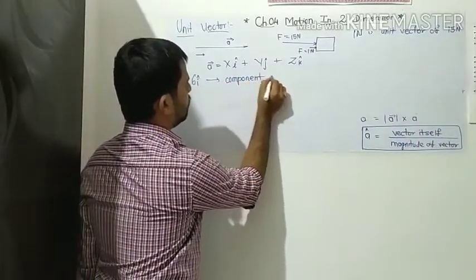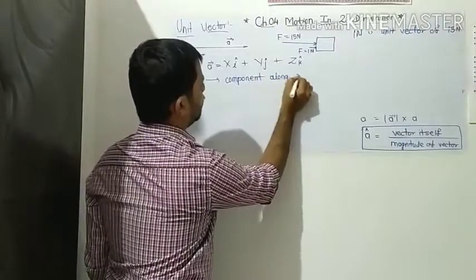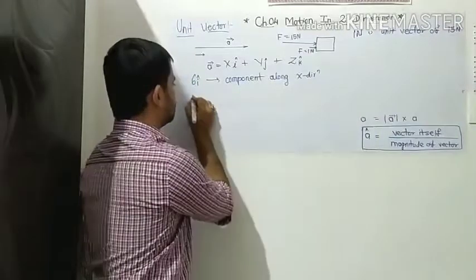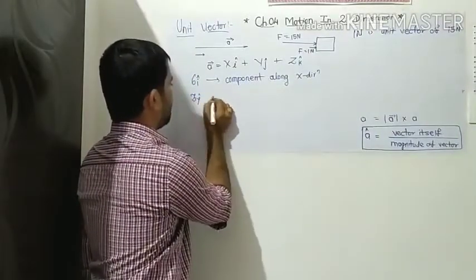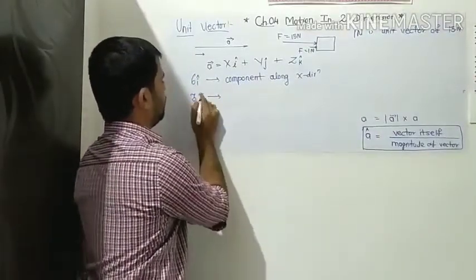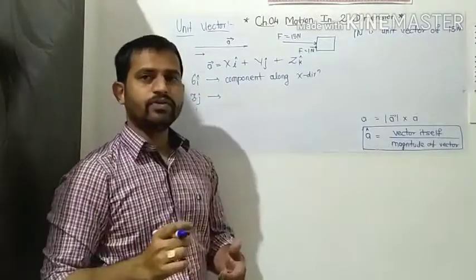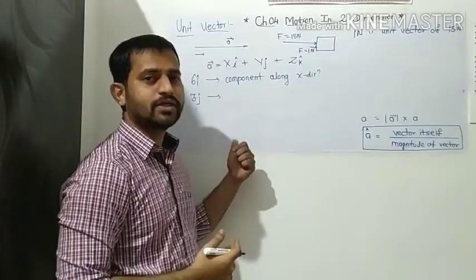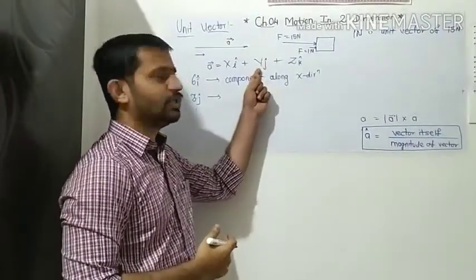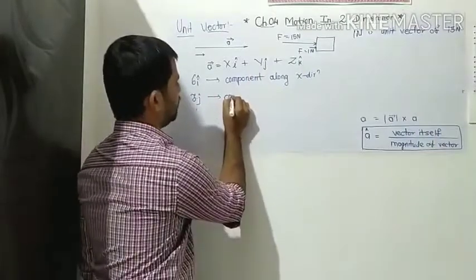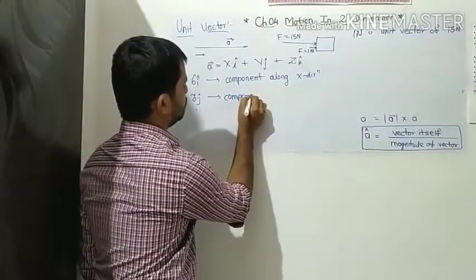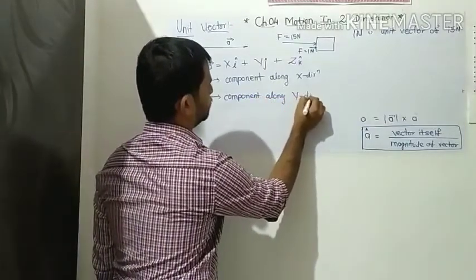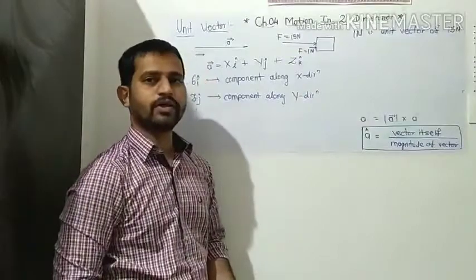If we have the component as 3j cap, then we must understand that here is the j, so what is the j? j is the unit vector for the y component. So this is the component along the y direction.